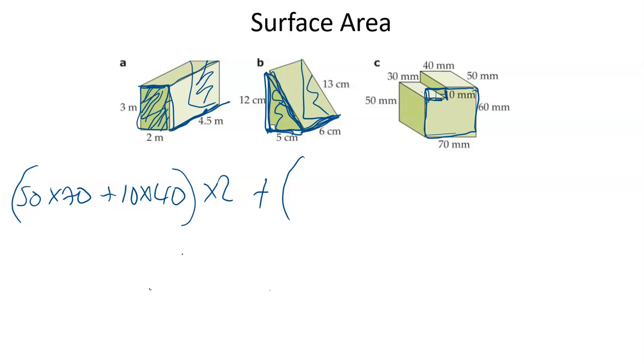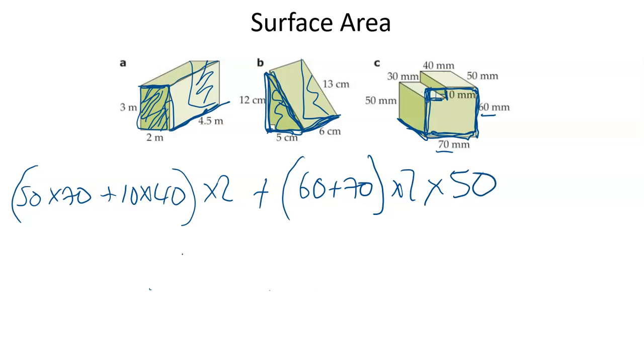So I can write this easily. This is 60 and 70 and a 60 and a 70. So I don't have to do all this little adding. So 60 plus 70 plus another 60 and 70, so times that by 2, so that's the full perimeter, 60, 70, 60, 70. And then we need to times that by the length of the prism, which is 50.